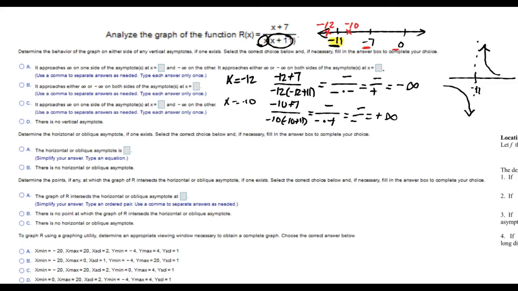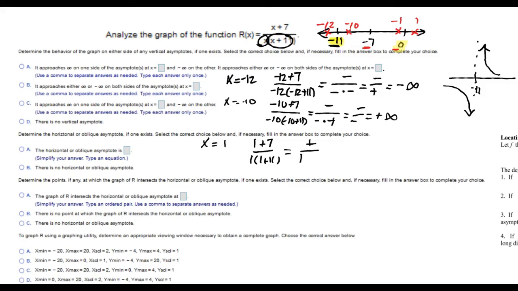Now let's do the same thing for our other vertical asymptote at 0. I want to make sure that I choose test points around that vertical asymptote. So I'll choose -1 and +1, and we'll substitute those values into our function. For x equals +1, I have 1 plus 7 over 1 times 1 plus 11.